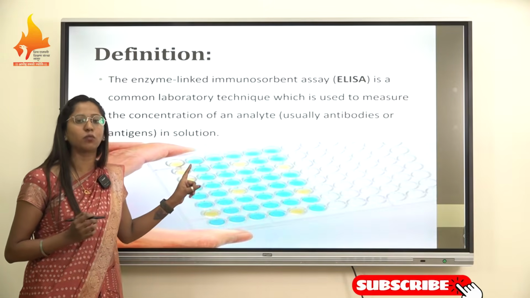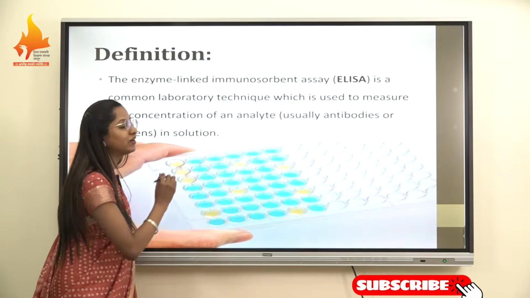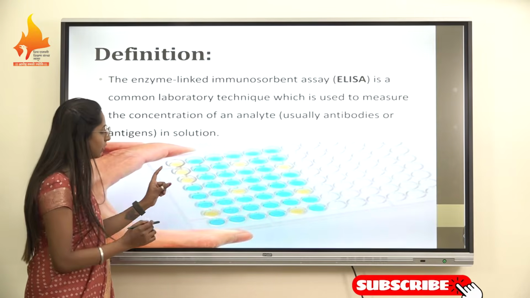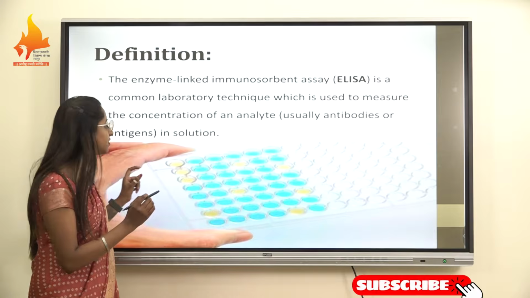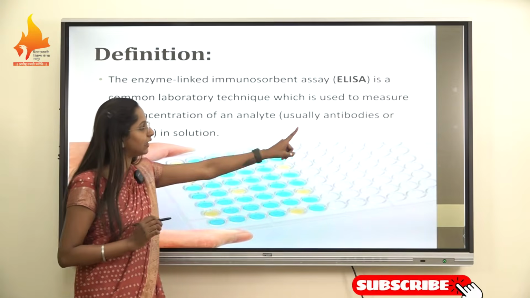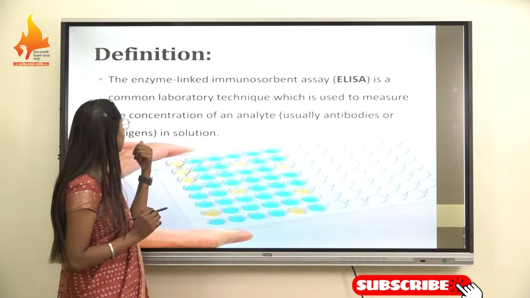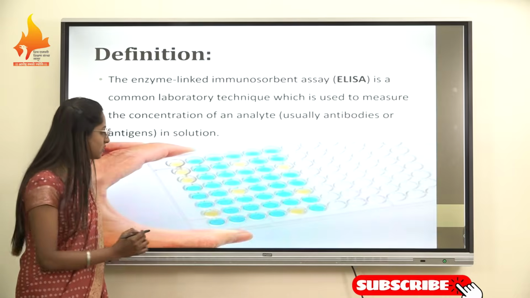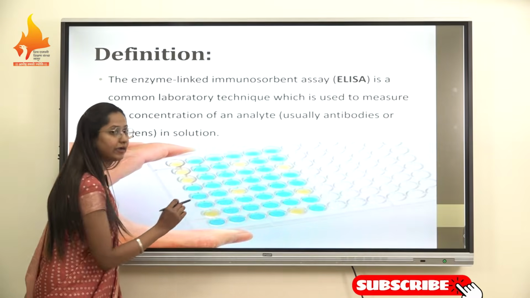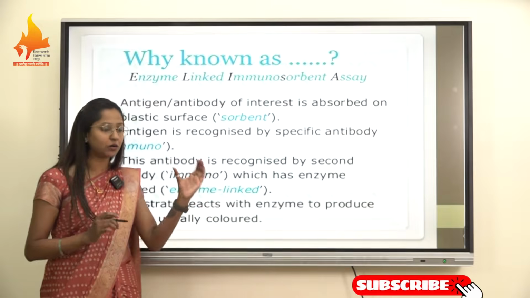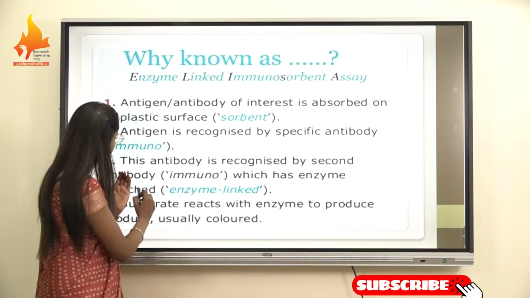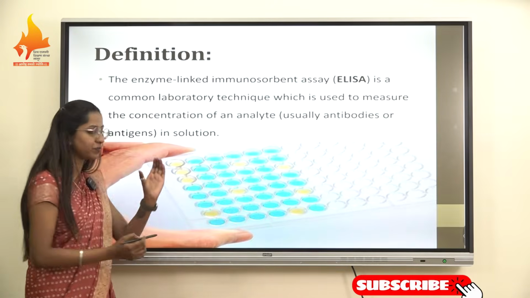And what does this microtiter plate do? You are adding different types of solutions, either antibody or antigen, and these solutions get bound. For example, this is a microtiter plate, and this is one of the wells.